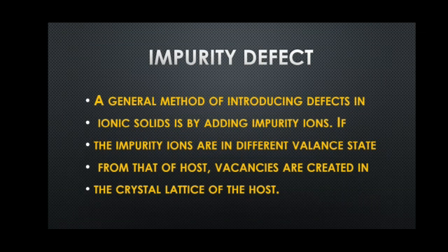Ag plus has only one positive charge and Cl has one negative charge. Both are counterbalanced correctly. If we add bivalent cadmium 2 plus, we create a problem in the crystal structure. Here the impurity is the cadmium chloride. Cadmium chloride disturbs the electrical neutrality of the whole crystal lattice structure.